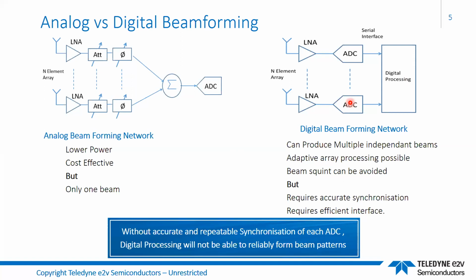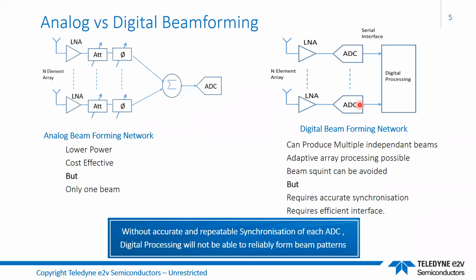And so having an array that is perfectly synchronized is something that is very much needed for these types of systems. In addition, an efficient interface is required. Certainly if you've got lots and lots of elements in the system, you don't really have the opportunity to cable all those elements using a very wide LVDS type interface.